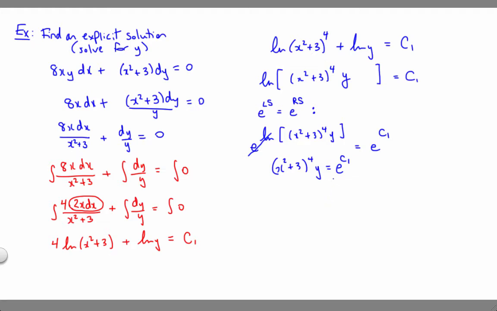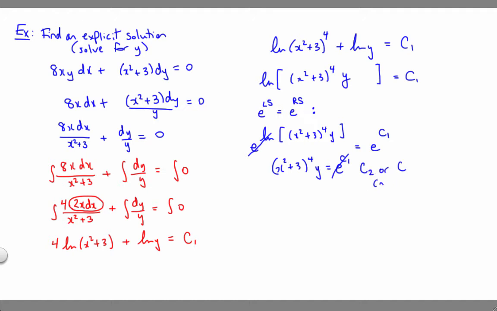Okay, so now at this point we're very close to solving for y. Before we do our final step, I would just have a little discussion here about the constants. So if c1 is a constant, then e to the c1 is also just a real number, and typically we would rename this just to keep things simpler. So rather than calling it e to the c1, we would call it either c2 or c.